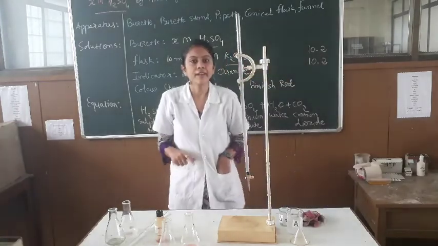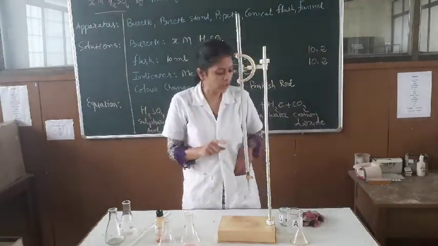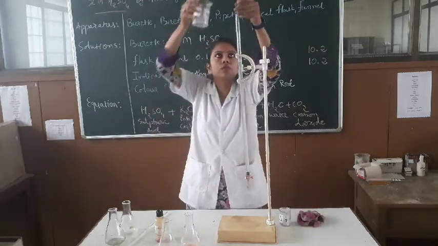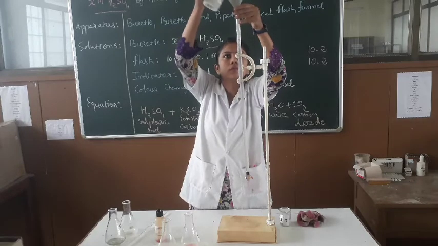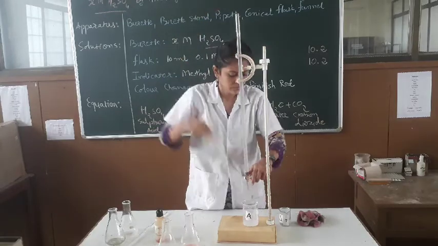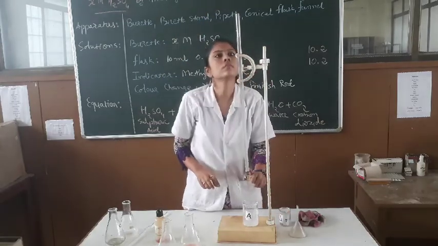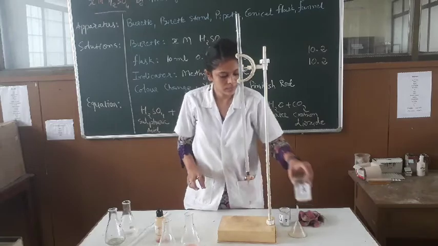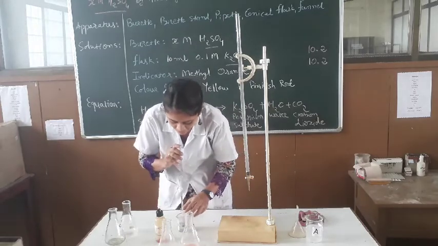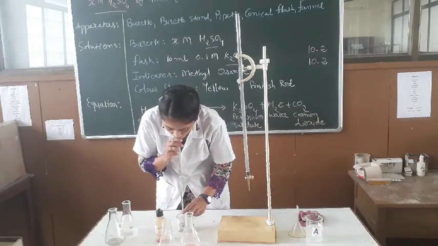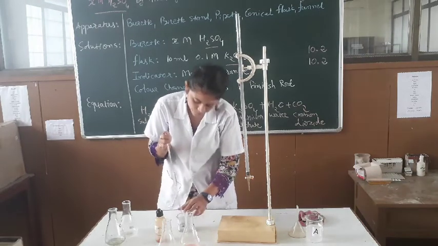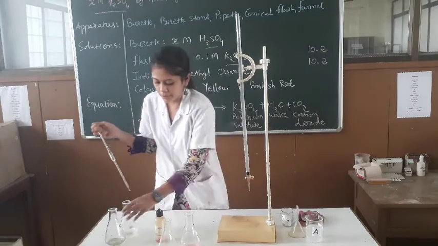So for the third reading I will set 0 again. Let's take 10 ml. Pour into conical flask.